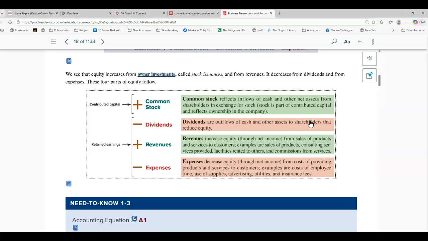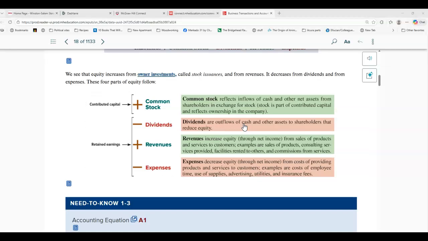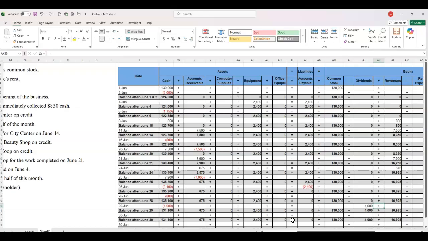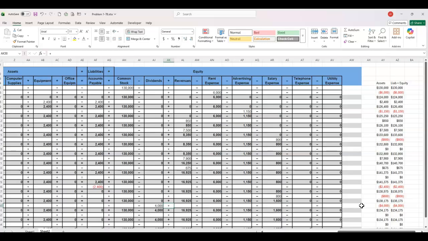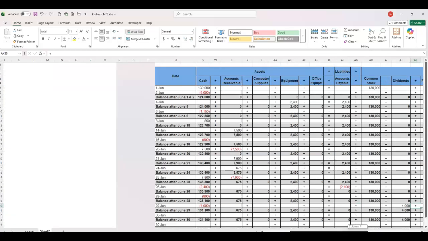Dividends are outflows of cash and assets to the shareholders, and they reduce equity. You can see that the dividends, cash is decreased, and equity is decreased by the same amount.